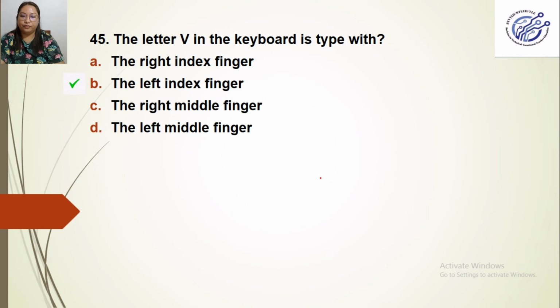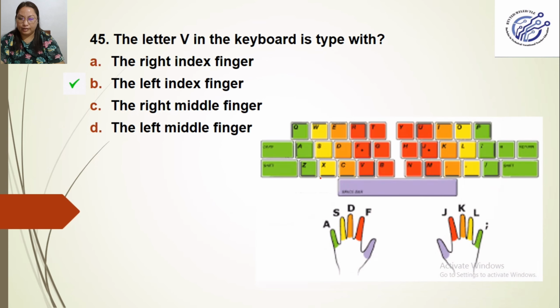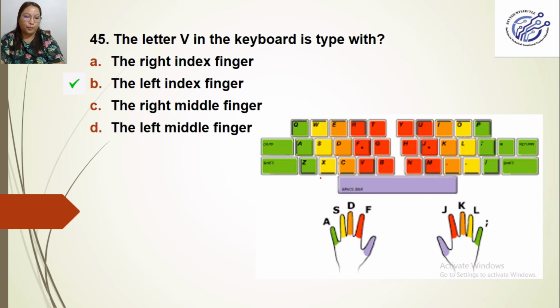45, the letter V in the keyboard is typed with, so nakita na yung answer, letter B po, the left index finger. So ito po yung ating keyboard. So bawat kulay na po na yan ay ito po yung mga fingers na ginagamit po nila.